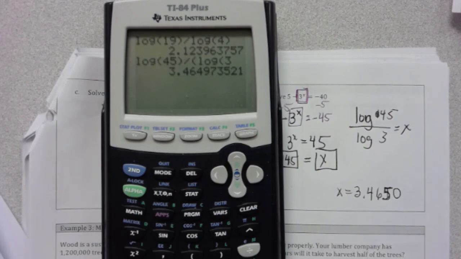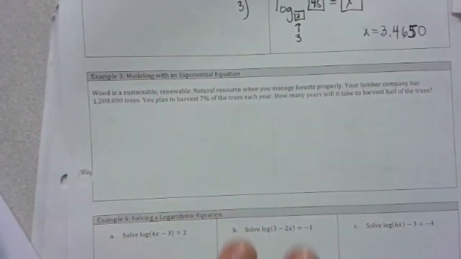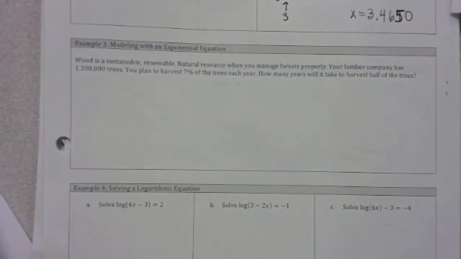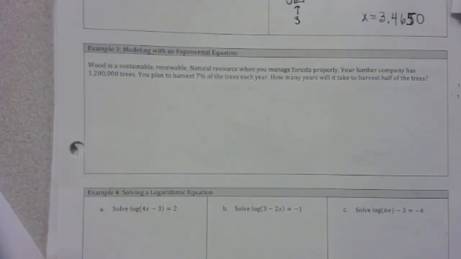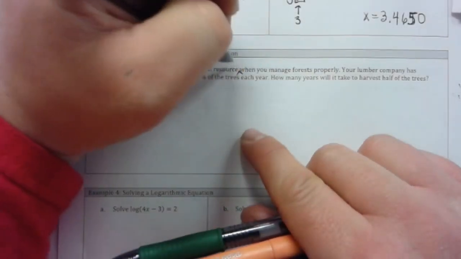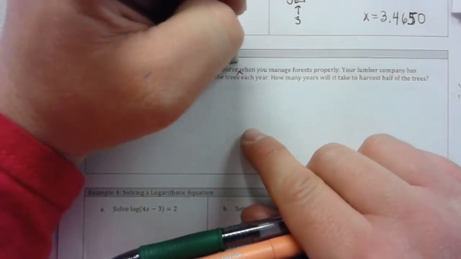Harvest means what? Add 7% or take away? Take away, right? You harvest something, you're pulling it away from the ground. You harvest 7% of the trees each year. How many years will it take the harvest to be half of the trees? Is this word right here the word half? You might see the word double.